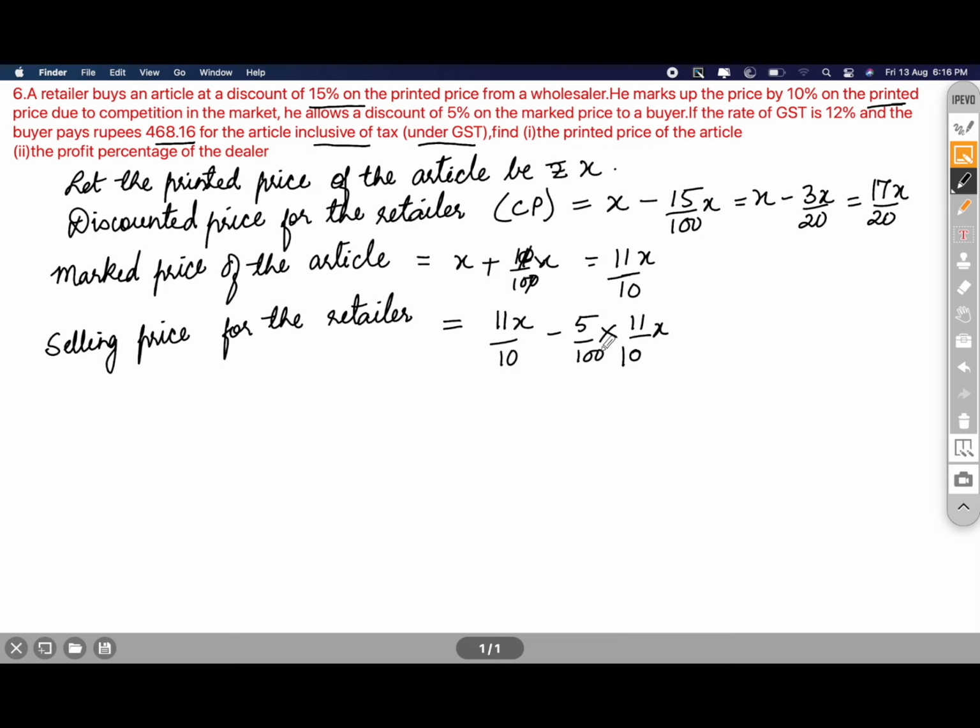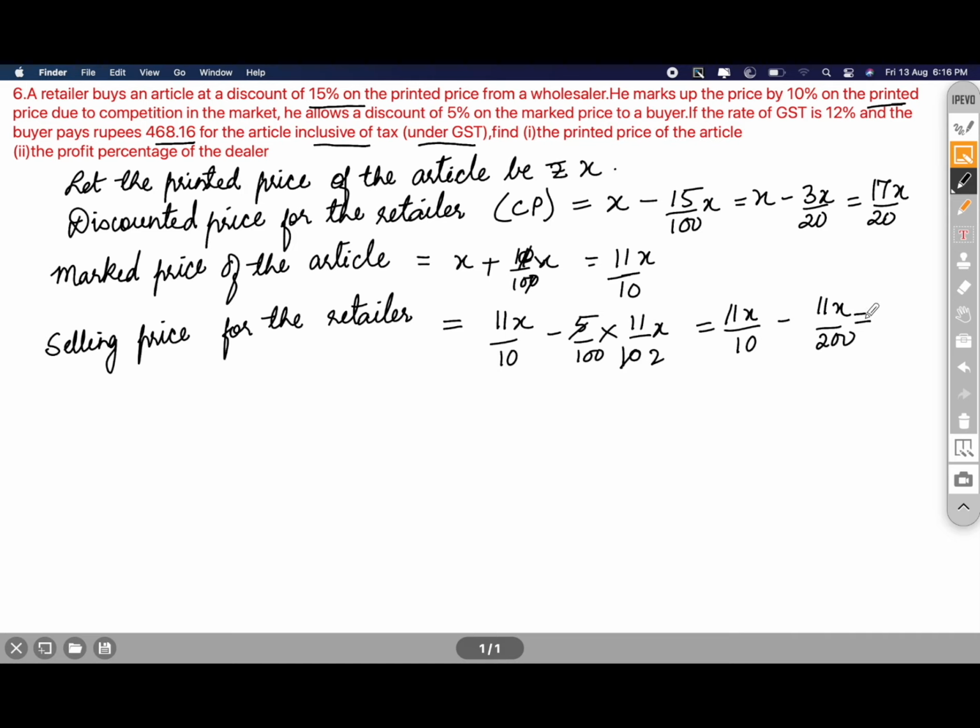So we can simplify this and we will get 11x by 200, because this and this cancel to give you 2.